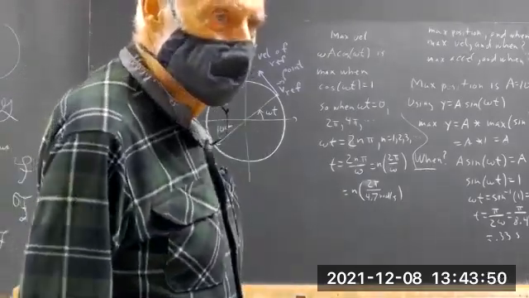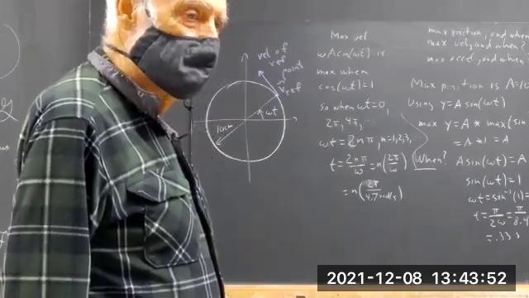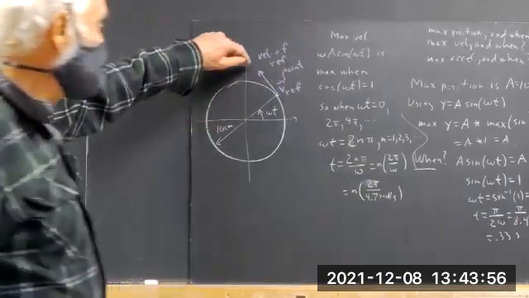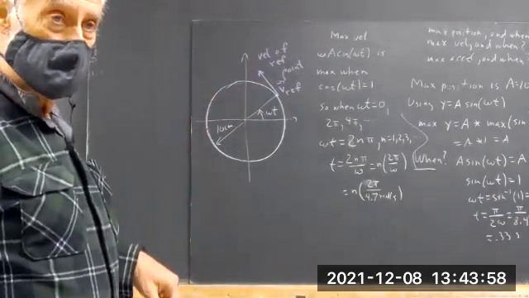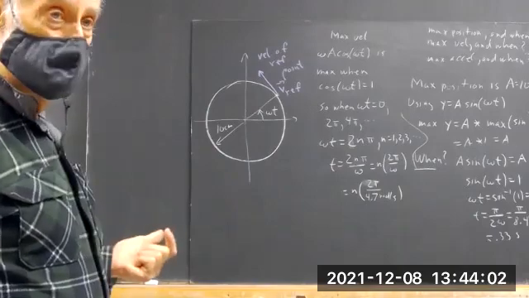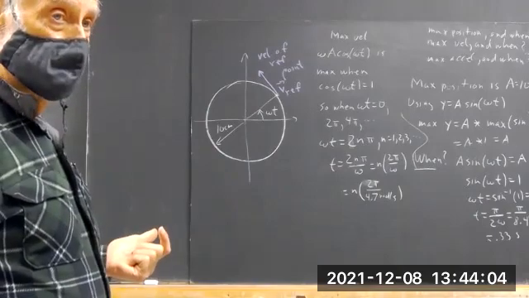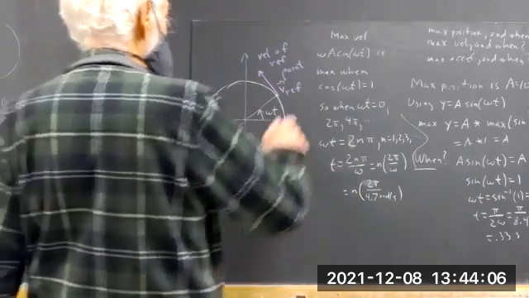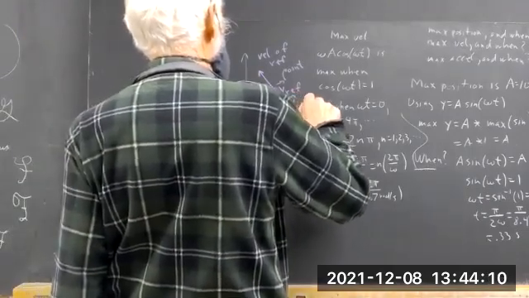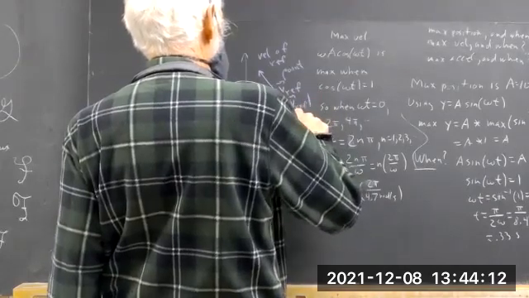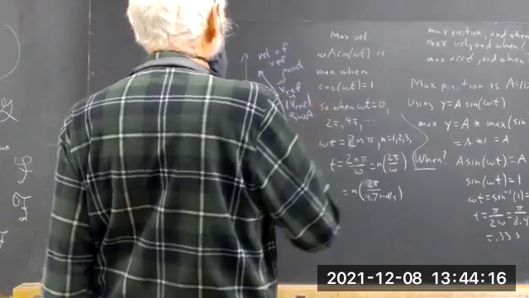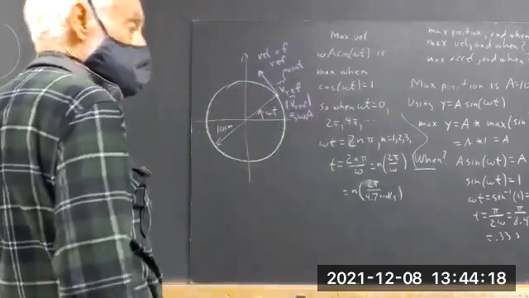How fast is that point moving on the reference circle? Well, the magnitude of V ref equals omega times the radius of the circle.